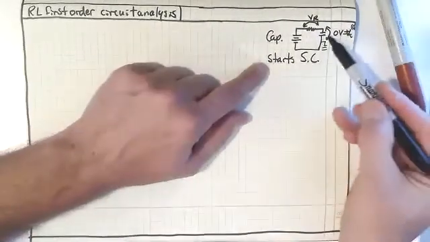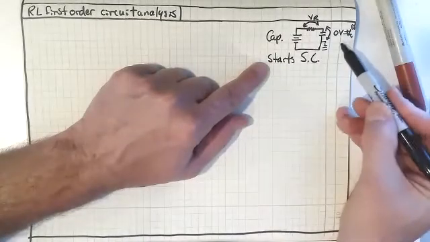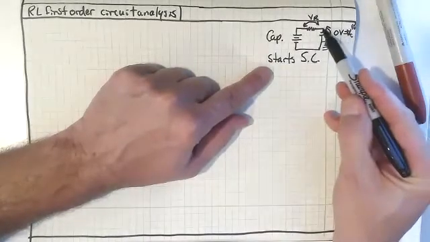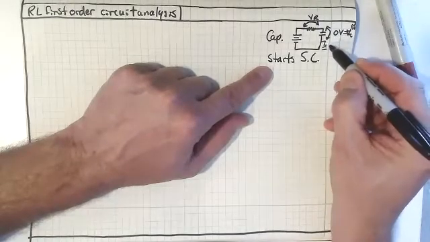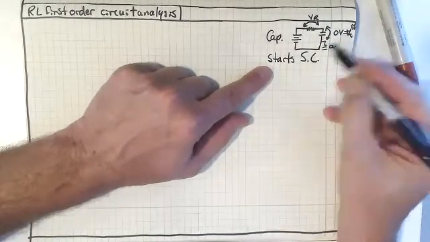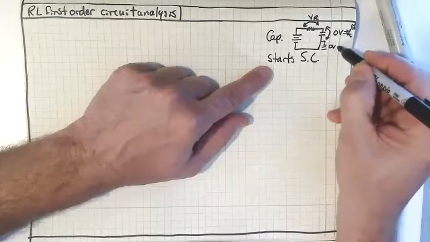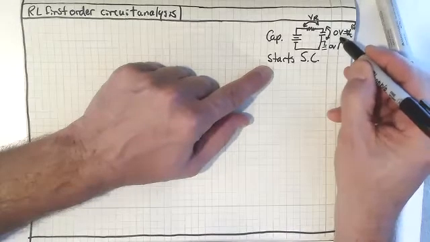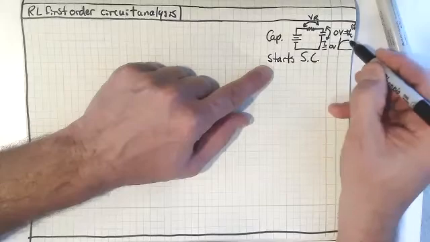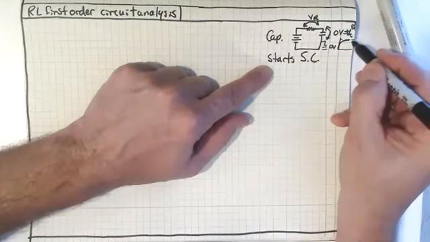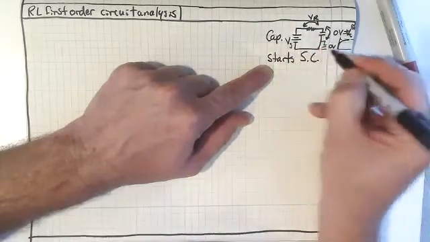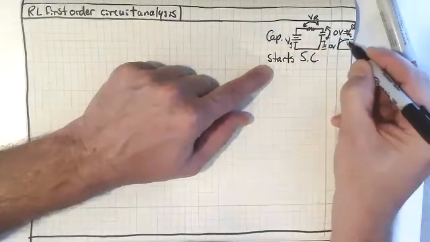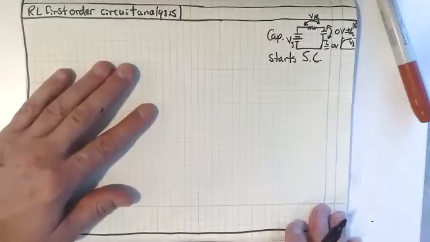The capacitor starts as a short circuit, so that voltage equals 0, and then as it charges, it goes up to V sub S. Let's call this V sub S. Eventually it gets up to V sub S.